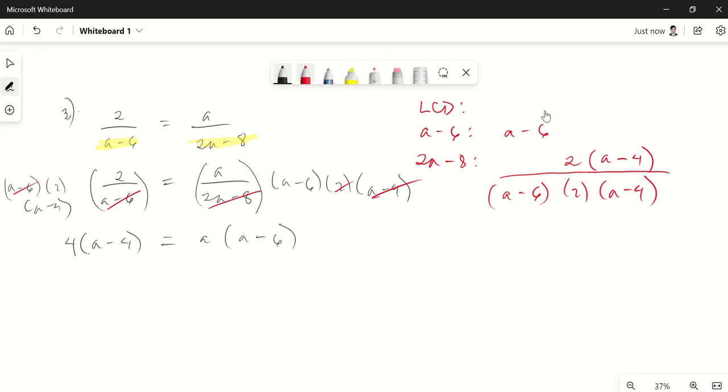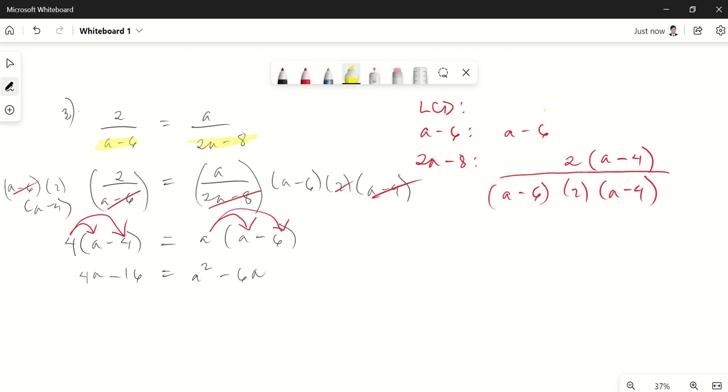This time, we need to simplify each side of the equation. On the left-hand side, we need to distribute the 4 to a and 4. 4 times a is 4a. 4 times 4 is 16. On the right-hand side, we need to distribute the a to a and 6. a times a is a squared. a times 6 is negative 6a.